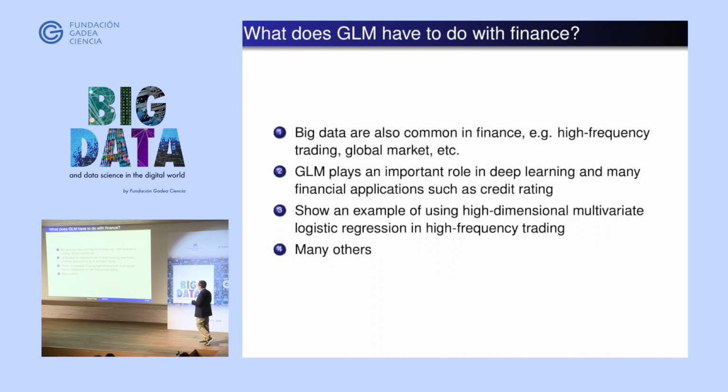And there are also many applications in finance. Logistic regression or the general linear model is useful, for example, in credit risk, where you are rating a company. You divide them into several categories, and how do you model that? Those are general linear models. So in that sense, it's quite relevant.